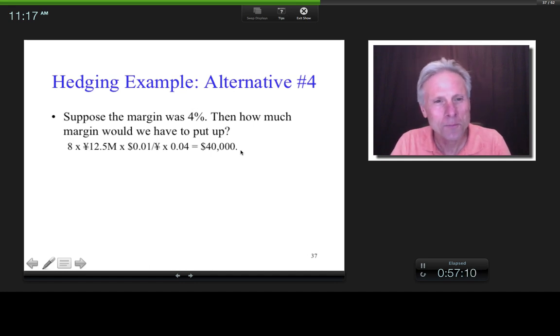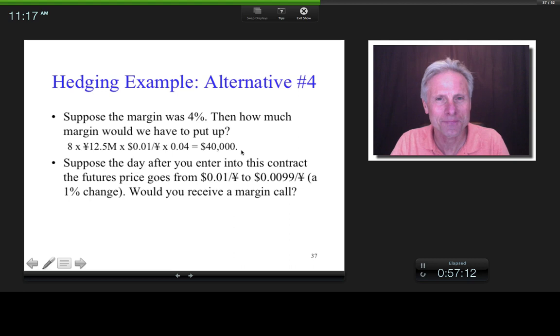So for example, suppose the very next day, the futures price, not the spot price, but the futures price goes from $0.01 per yen to $0.0099 per yen. Okay, so in other words, has the yen, the futures price, appreciated or depreciated?